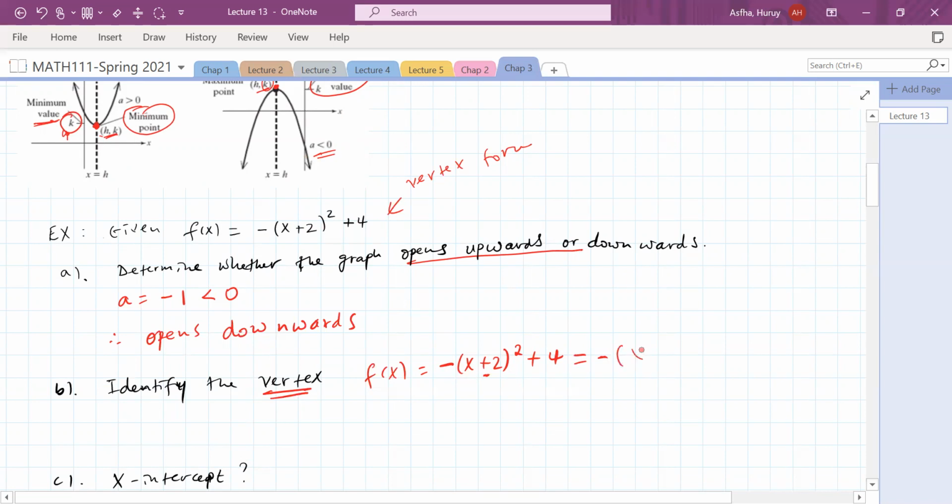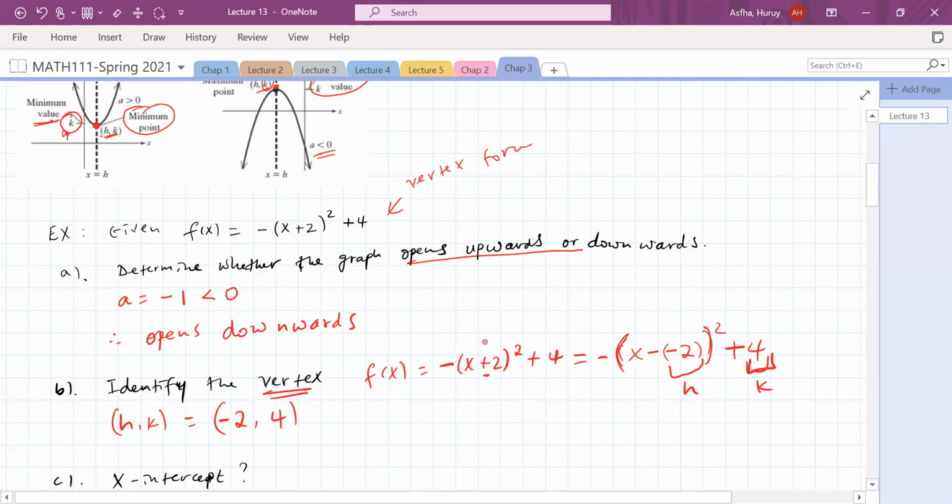This is negative (x minus minus 2). This is basically x plus 2, but I rewrote it this way so that we can understand what's going on, plus 4. Now, what is my h? This is my h. This is my k. Therefore, h comma k is just -2, 4.